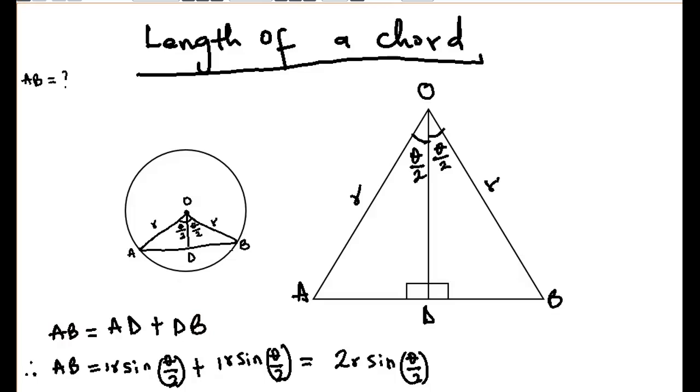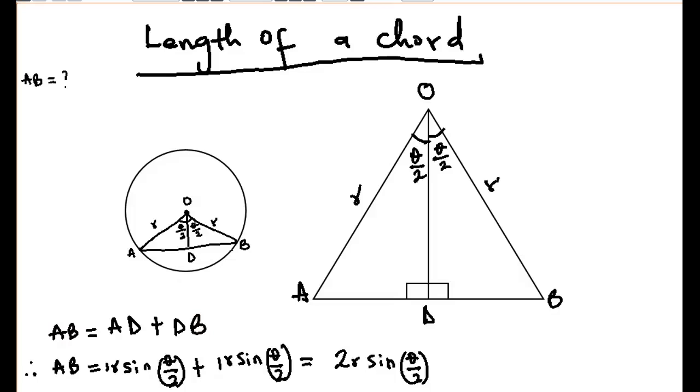So having seen this, let's now go into solving problems using this formula. But if you cannot understand the formula, maybe you can rewatch the video as many times as you can. If you still don't understand, no problem. Just learn the formula. Just know that the formula for finding the length of a chord in a circle is 2R sine theta over 2.